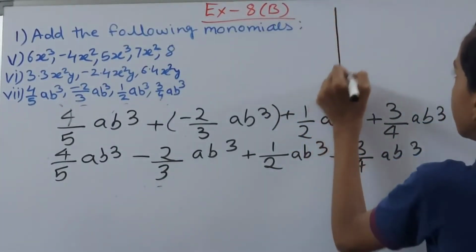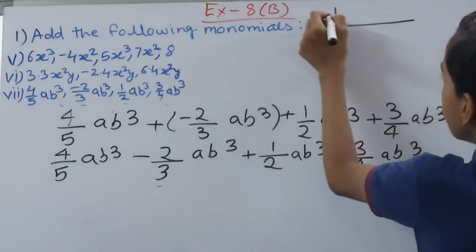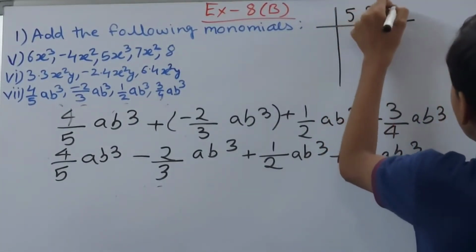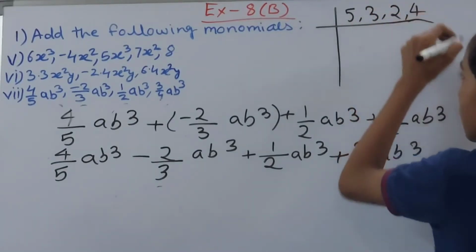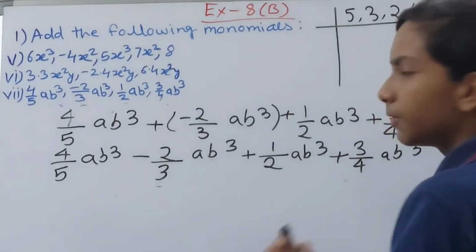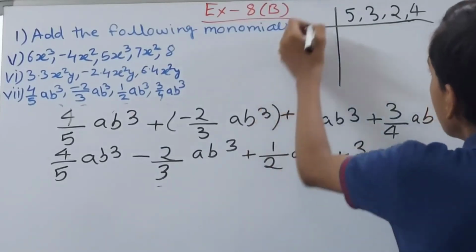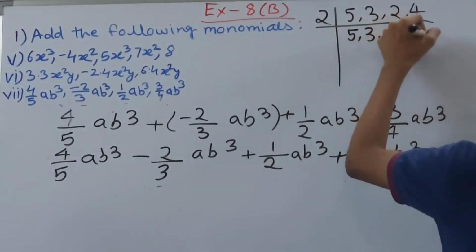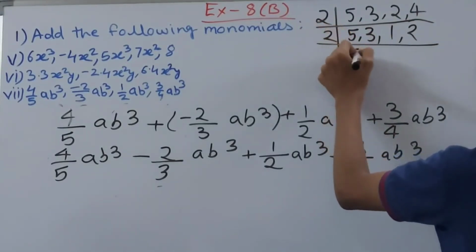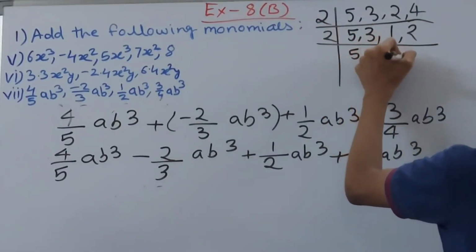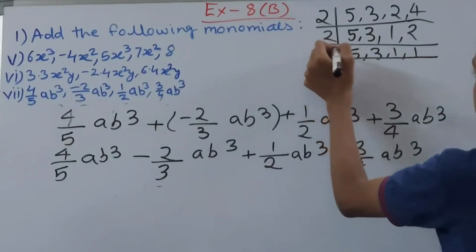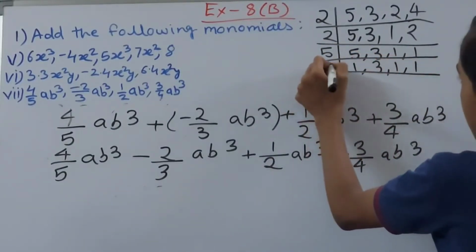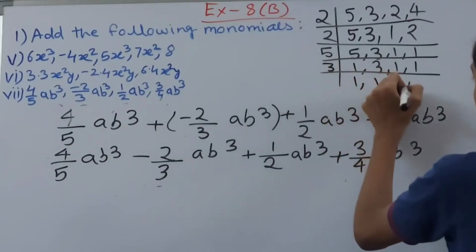This becomes 5, 3, 2 and 4. Alright, we solve this. First of all, this will be divisible by 2. So 5 will be as it is, 3 will be as it is, 2 will be 1, 4 will be 2. Again 2, 5, 3, 1, 1. Then 5, so 1, 3, 1 and 1. In the last 3, so 1, 1, 1 and 1.